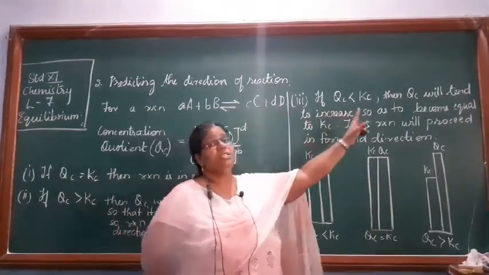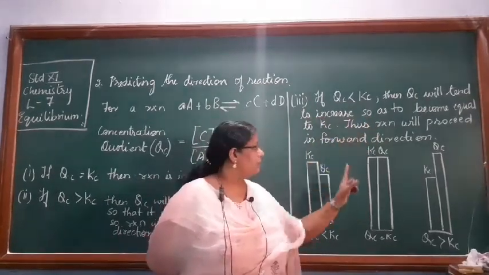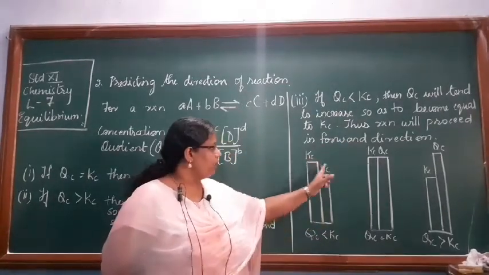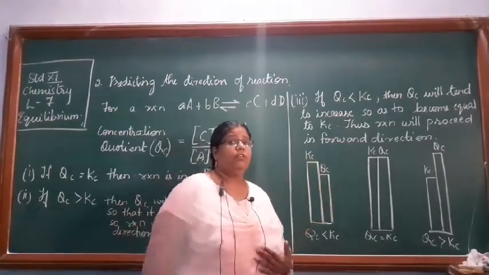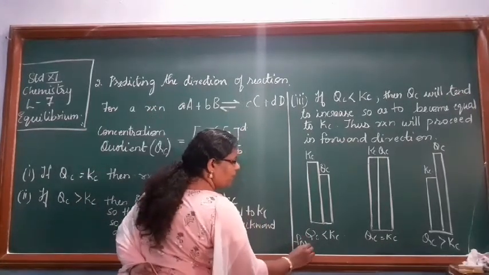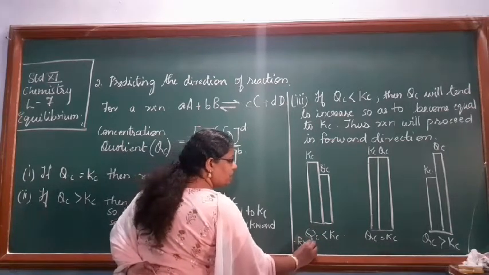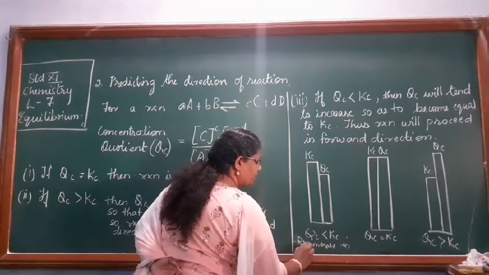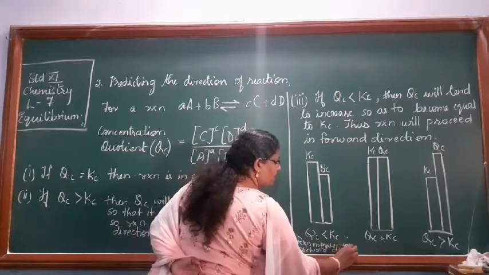If QC is less than KC, QC will try to increase so that it can become equal to KC. अब increase कब करता है? When it moves in the forward direction. So this situation represents that the reaction moves in the forward direction.